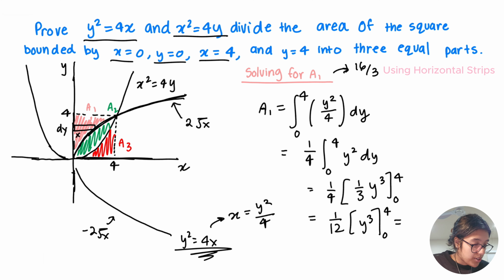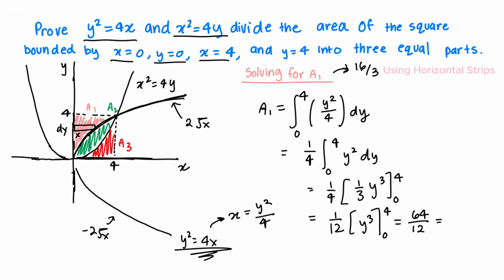And that is 4 cubed, which is 64, over 12. And then we can divide that by 4. So bottom is 3, top is 16. And that is exactly the answer we had previously. So over here, it's easier to solve with horizontal strips than vertical strips, but either way, you get the same answer.